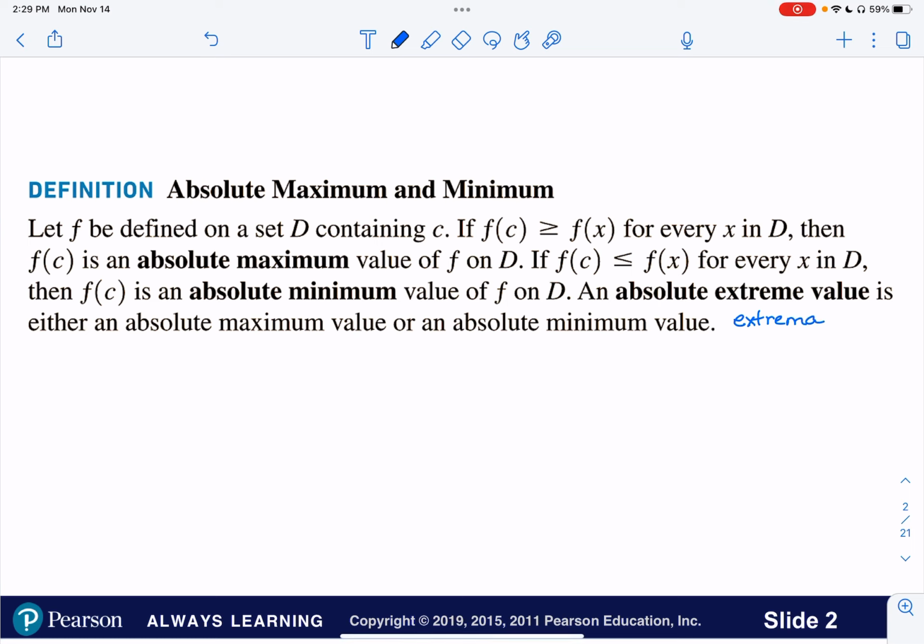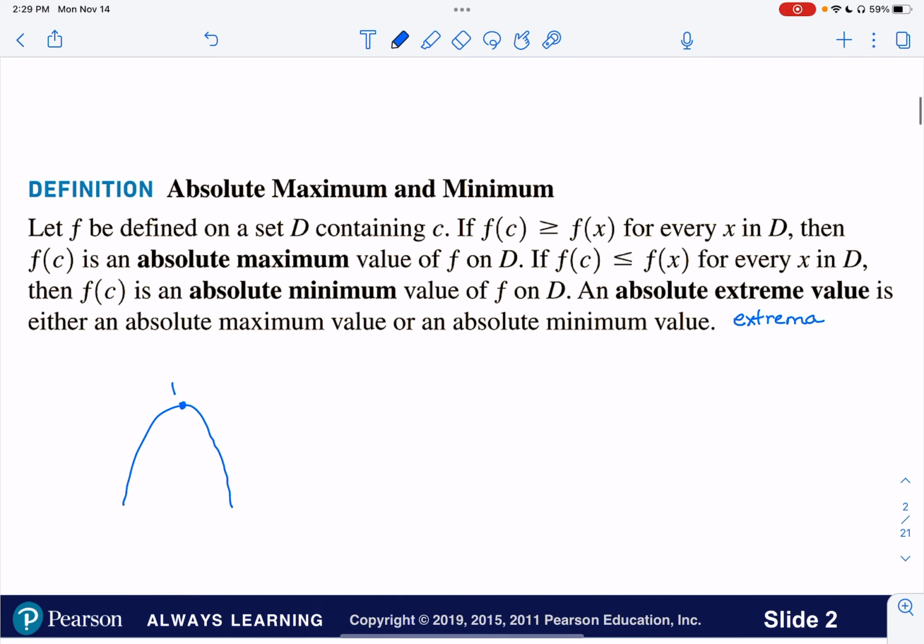This kind of makes sense if we consider something with an absolute max, right? You have an absolute max right here, and let's say this is f of C. Then for any other x that I have in here, f of C is going to be bigger than all of the other f of x values, and we're talking about the same when we look at an absolute minimum.